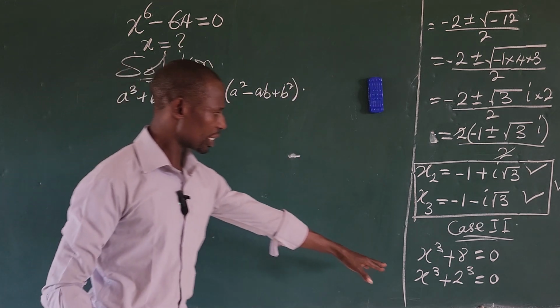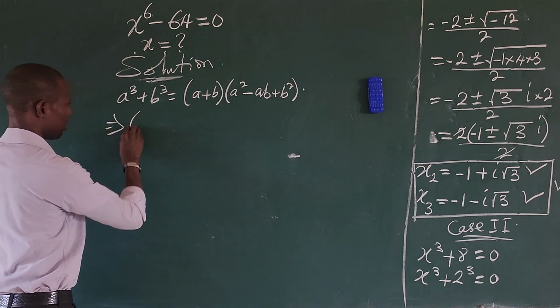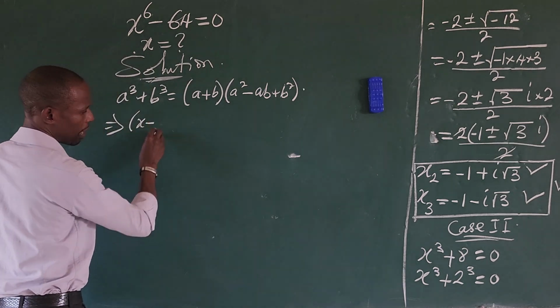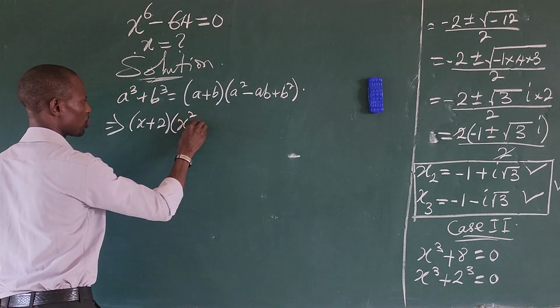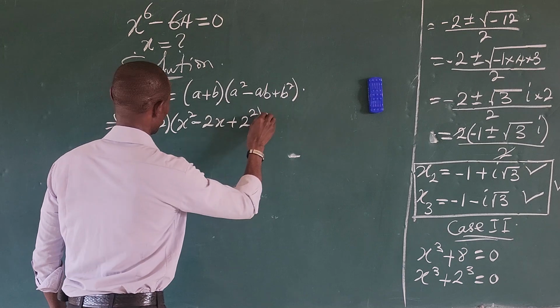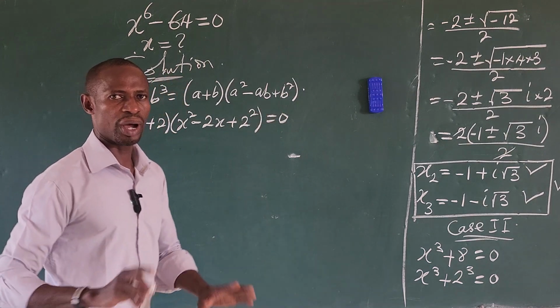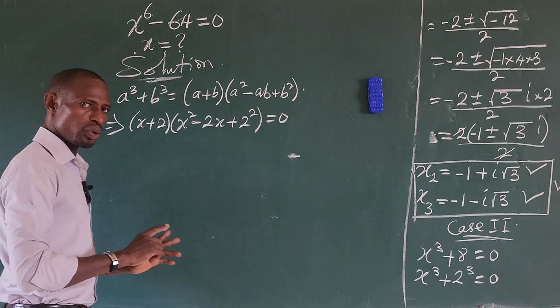So we can rewrite this in this format here. That implies bracket x plus 2, close bracket, bracket x to the power of 2 minus 2x plus 2 to the power of 2, close bracket equal to 0. Applying the zero product rule again, we have case 2 star.